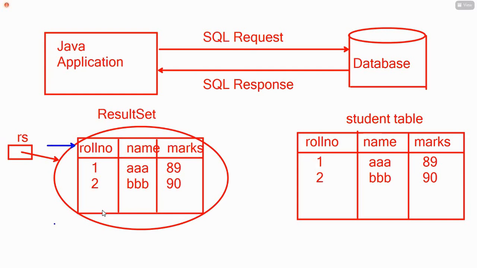Here, first we have to call the result set reference dot moveToInsertRow. We have to call rs.moveToInsertRow().